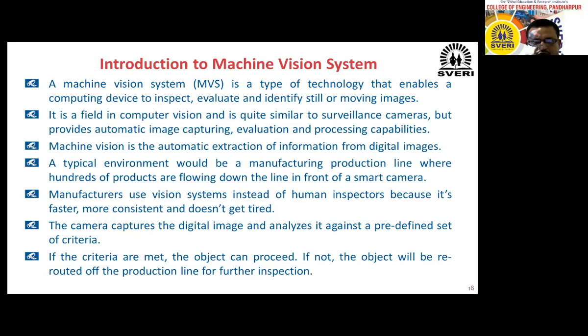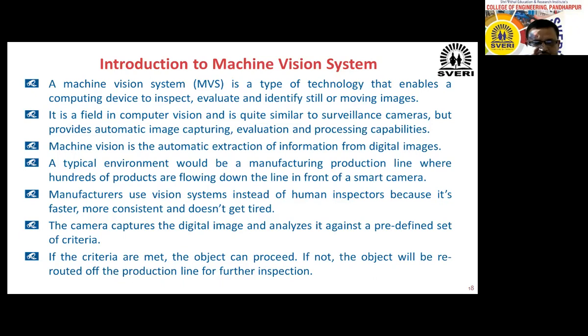Machine vision is the automatic extraction of information from digital images. A typical environment would be a manufacturing production line where hundreds of products are flowing down the line in front of a smart camera. Manufacturers use vision systems instead of human inspectors because it's faster, more consistent, and doesn't get tired.